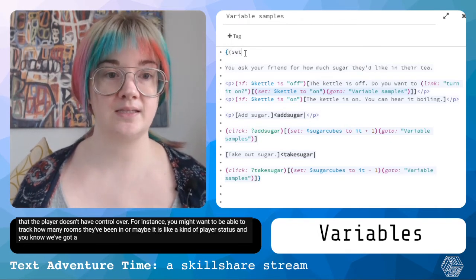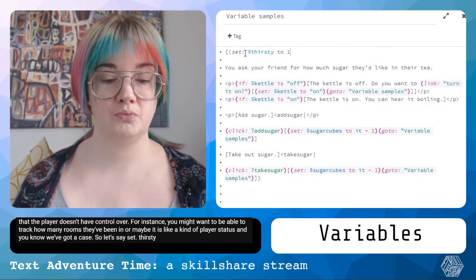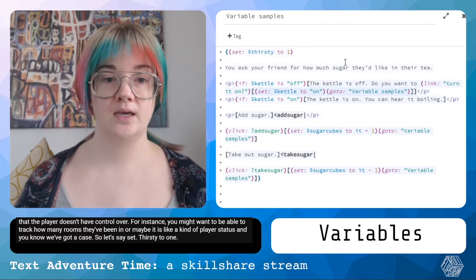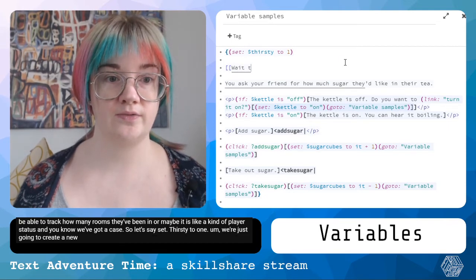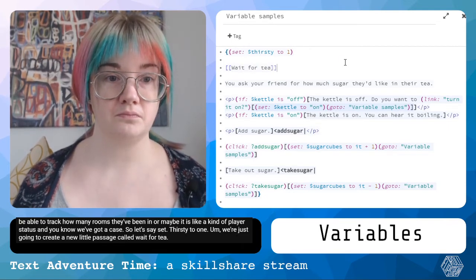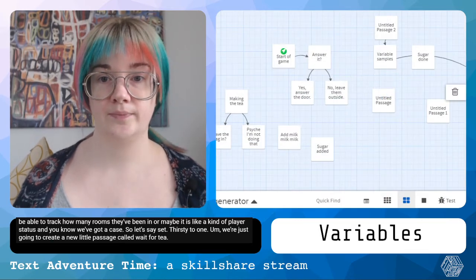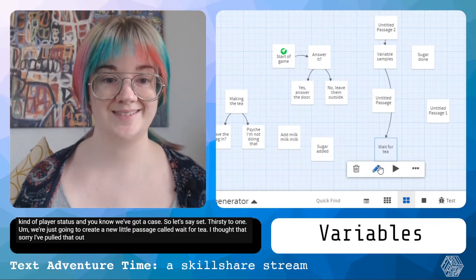So let's say set thirsty to 1. And we're just going to create a new little passage called "wait for tea". Sorry, I've pulled that out of vision. It's not a huge detail.